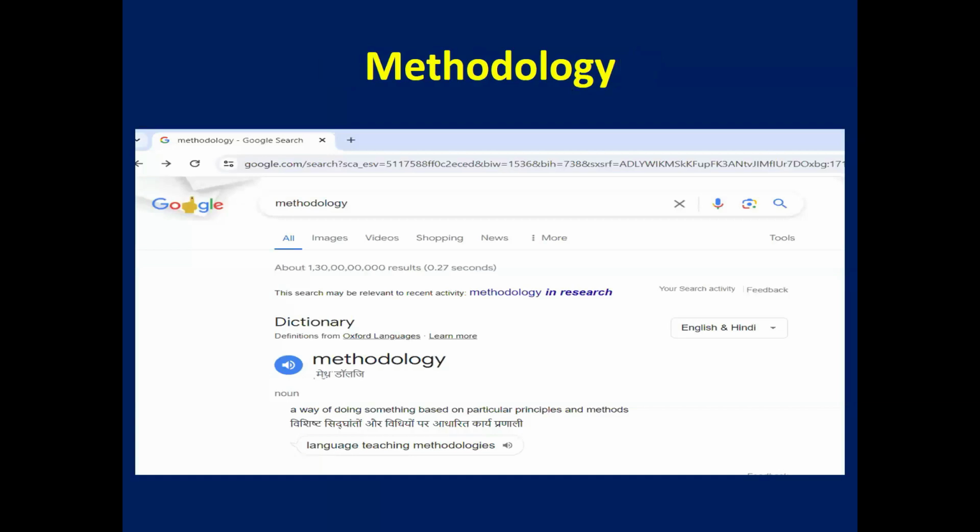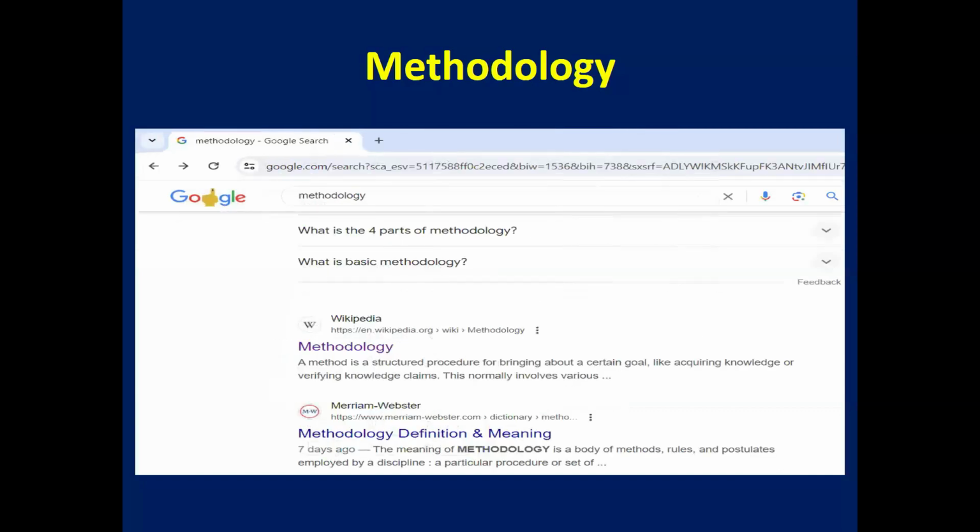When we talk about methodology, in a dictionary it is a way of doing something based on particular principles. So in methodology, we have to follow some principles to achieve our goal, our outcome in research. And in Wikipedia, it is a structured procedure.